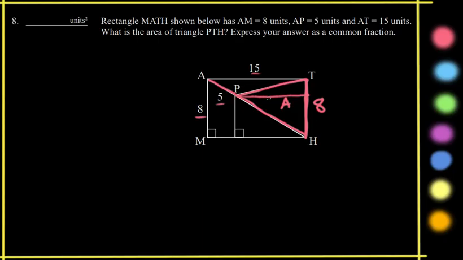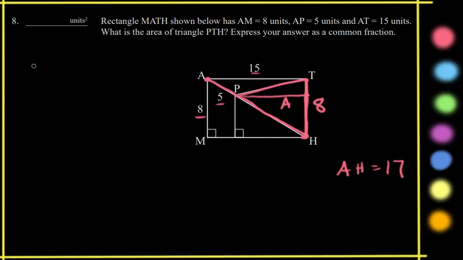All right, so this problem is going to test whether you know your Pythagorean triples, I guess, because this distance from A to H is 17. Okay, so AH is 17.